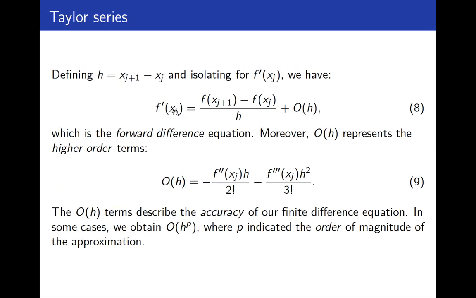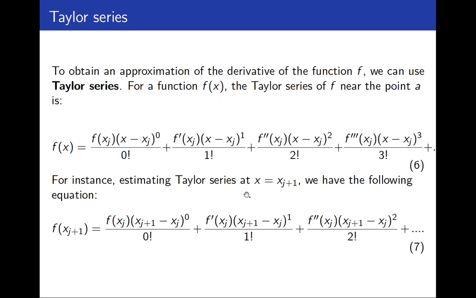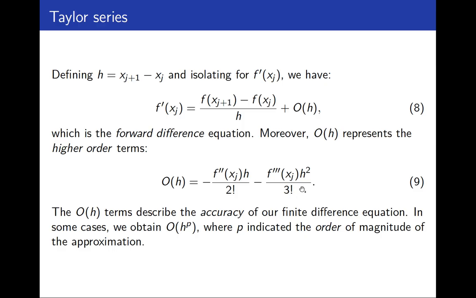In order to evaluate the derivative at this point x_j, I need to compute this equation. And then I include this term, the O, which represents the higher order terms. That means here are those terms, the second and the third derivative, that are going to depend on h. These terms describe the accuracy of our finite difference equation.